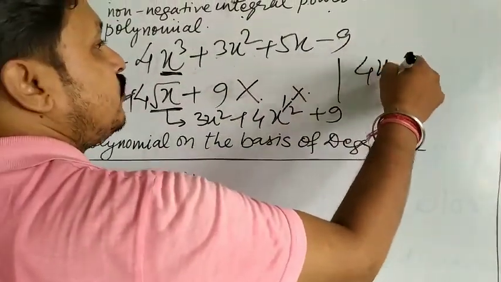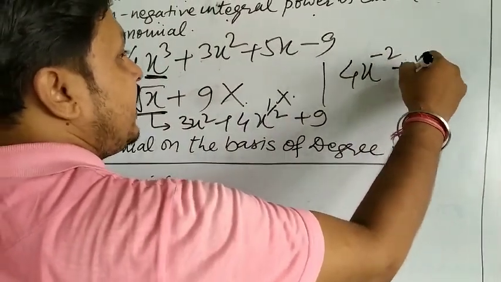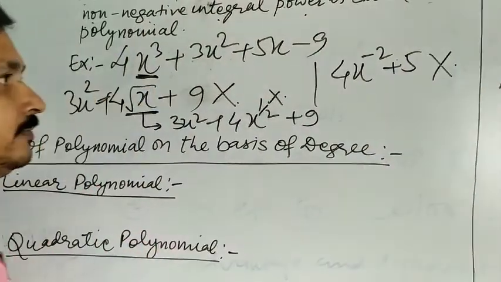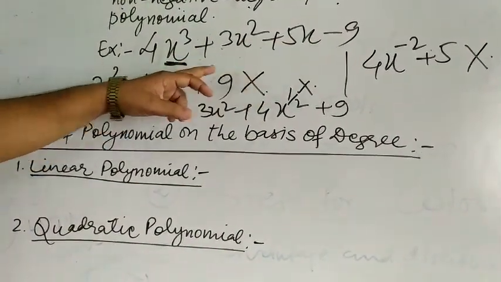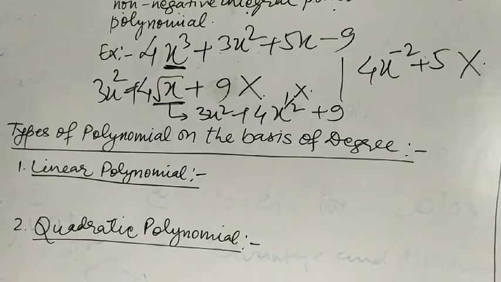If 4x to the power minus 2 plus 5, it's not possible either. So only this type of algebraic expression is said to be a polynomial.